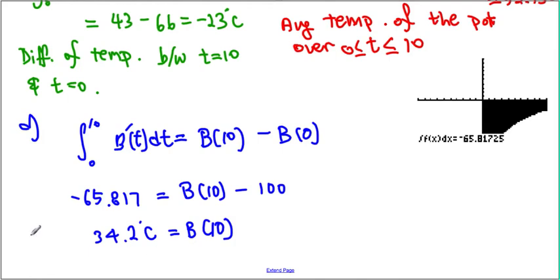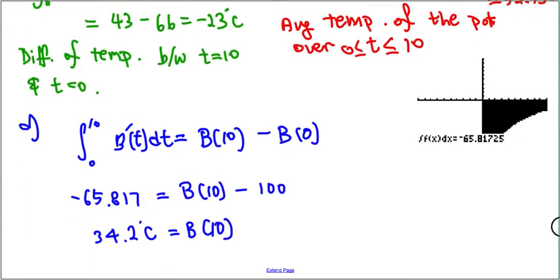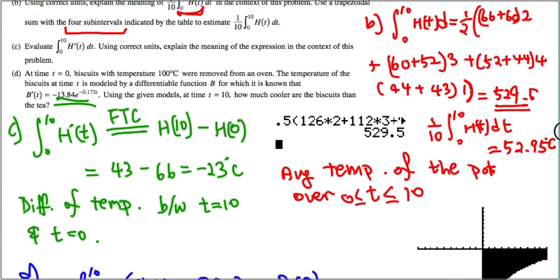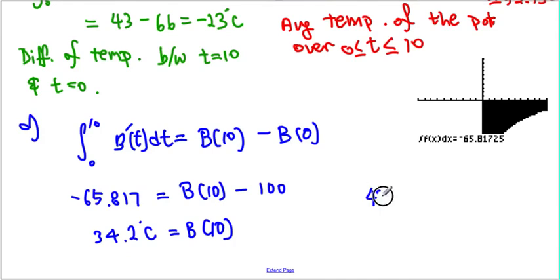All right, so we realize that this one is much cooler than the pot. How much cooler? We can simply subtract between these two. So we end up getting 43 minus 34.2, which will be equal to 8.8 degrees Celsius cooler. Thank you.